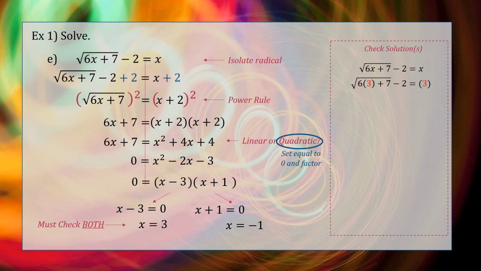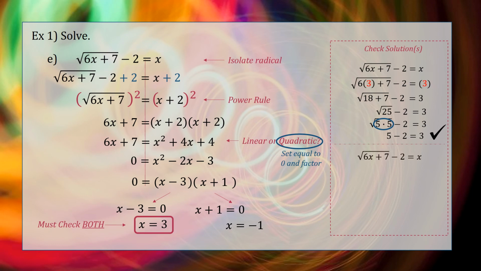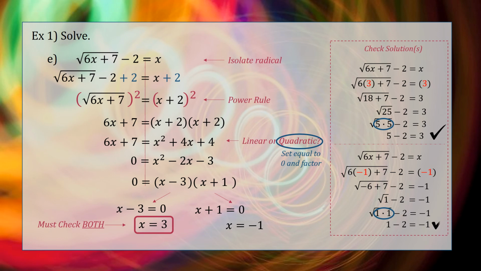You should have plugged in your values for every time you saw x, simplified under the radical, pulled out any sets, and notice 5 minus 2 does equal 3, so you can keep that solution. You should have checked the other one as well, simplified under the radical, found any sets, and 1 minus 2 does equal negative 1, so you could keep that one as well.